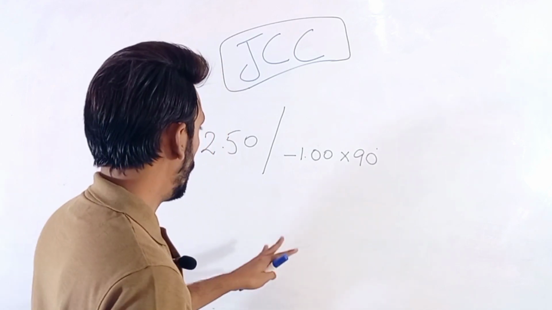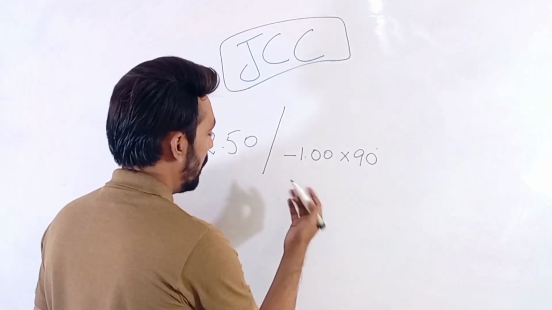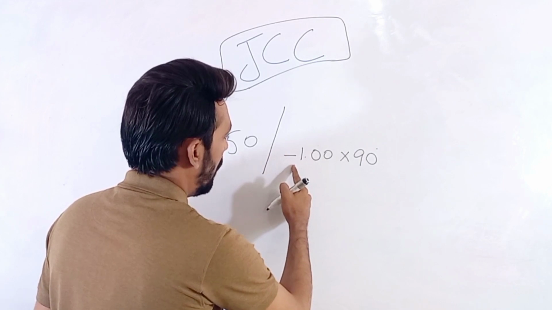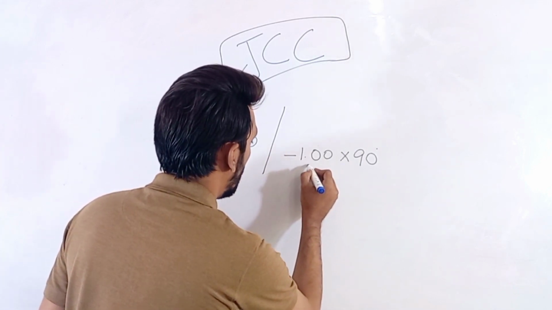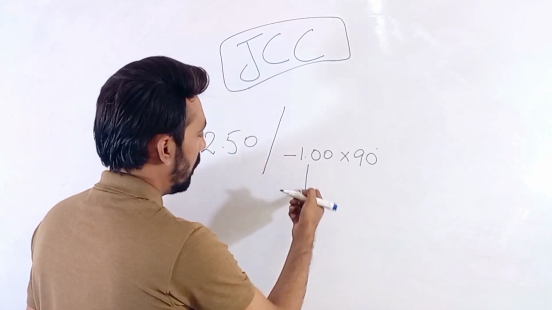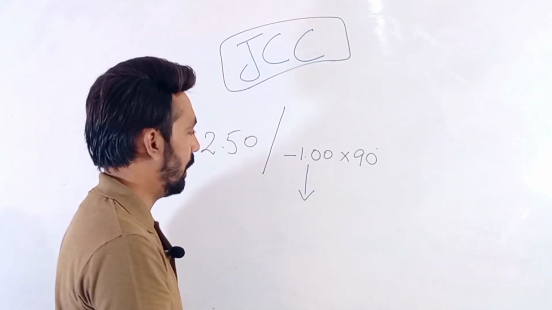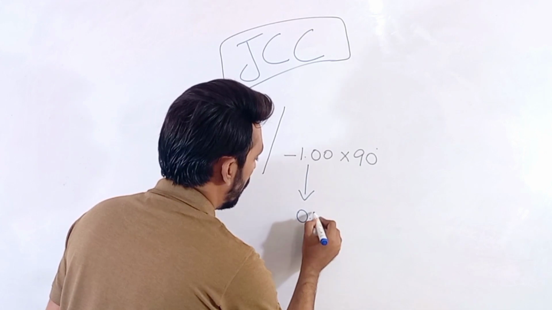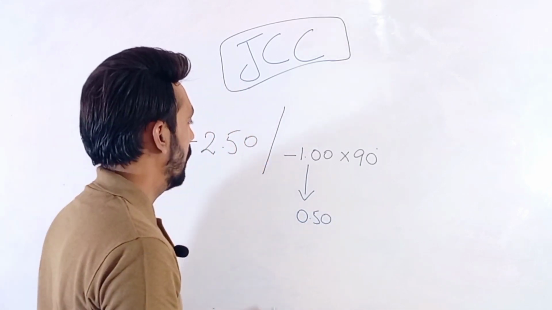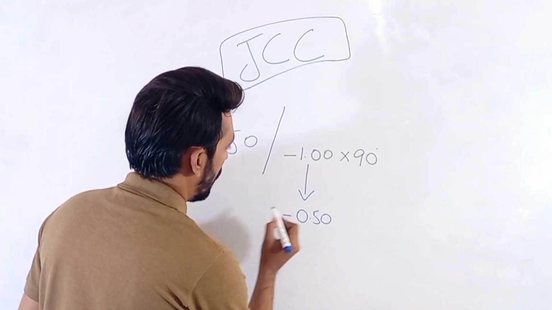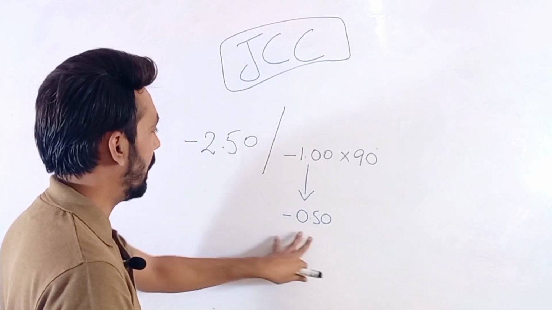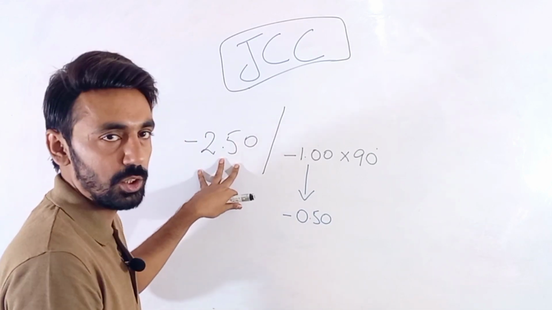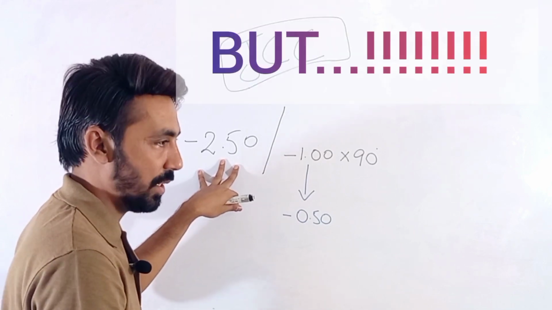The procedure is the same with some changes. We'll take half of the cylinder. Half of the -1 cylinder would be 0.5 with minus sign. And we will simply add this half of the cylinder to the spherical correction of -2.50.